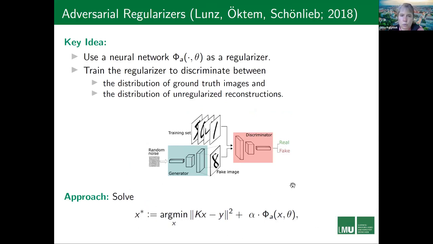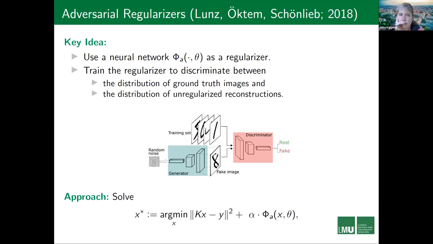The idea is to use a neural network in a particular way as a regularizer, and then the network is trained like, so we saw such an image already before when we discussed a GAN, a generative adversarial network.